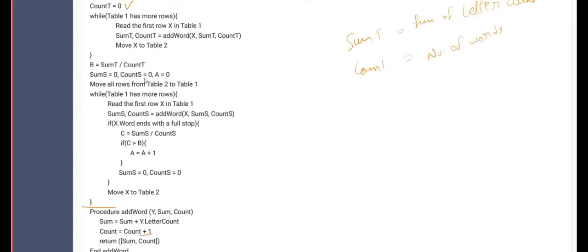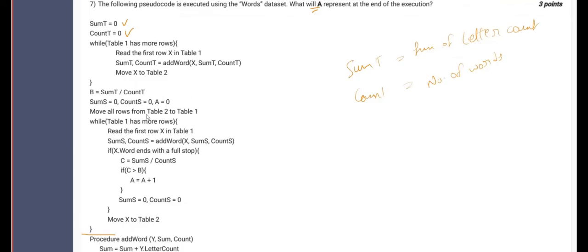Sum S, count S and A are all zeros again. While, and observe here, we are moving all those cards which are present in table 2 to table 1. And what does table 2 have? Table 2 has those cards which have been read in the first while iteration.